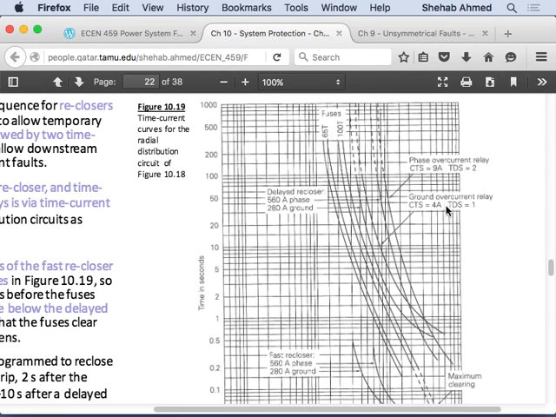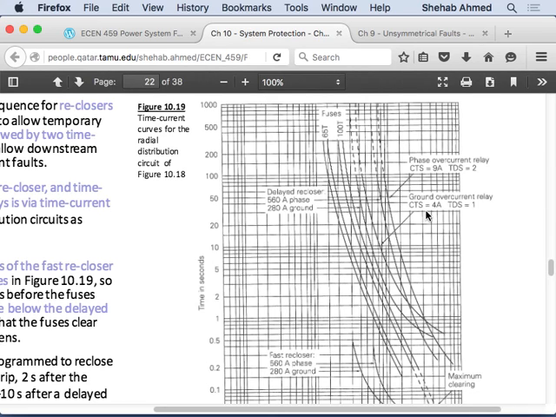The ground overcurrent relay, remember, if we go through your problems in chapter 9, you will see that the single phase fault will have lower fault current than the three-phase fault. It's a lower value of fault current. So typically the way you would sense a single phase fault is, there will always be a zero sequence current for a ground fault with a ground connection, meaning current flowing through the neutral.